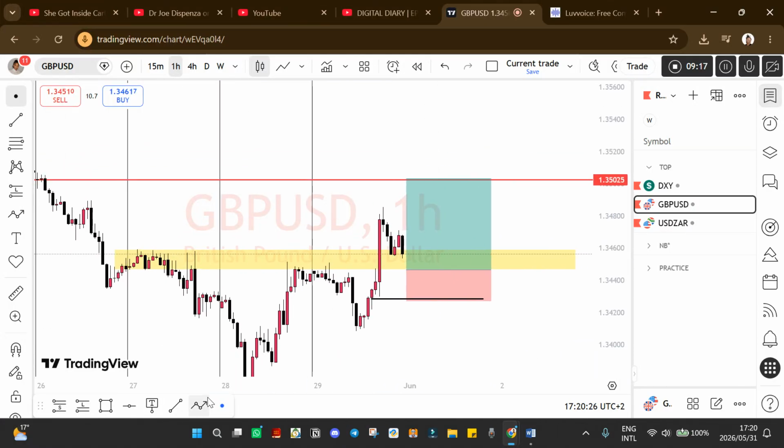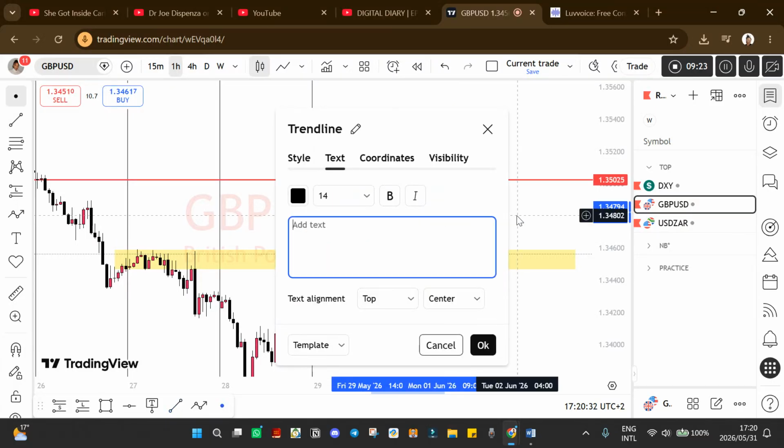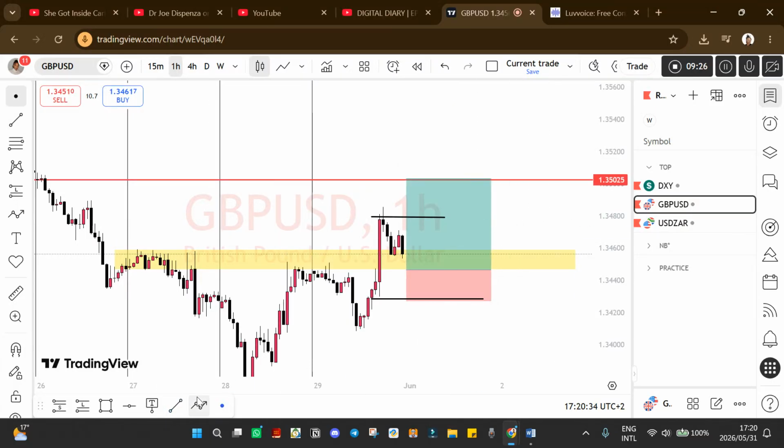But this is going to be a take profit area, right? And then we're gonna have this over here as my first take profit area. So I like to enter twice at an area, right? And then have my first take profit area as the nearest high. And then this puts me at ease.